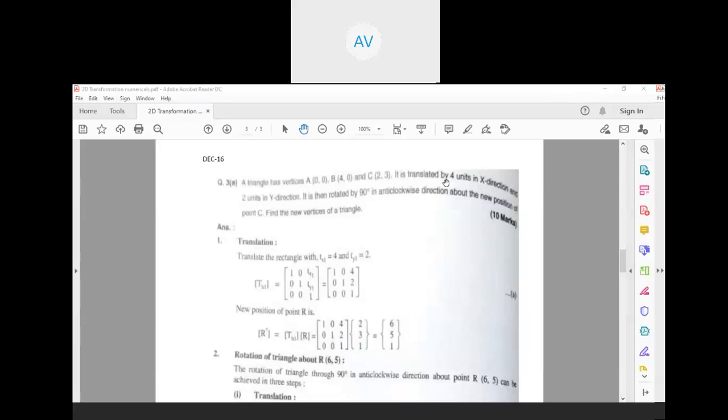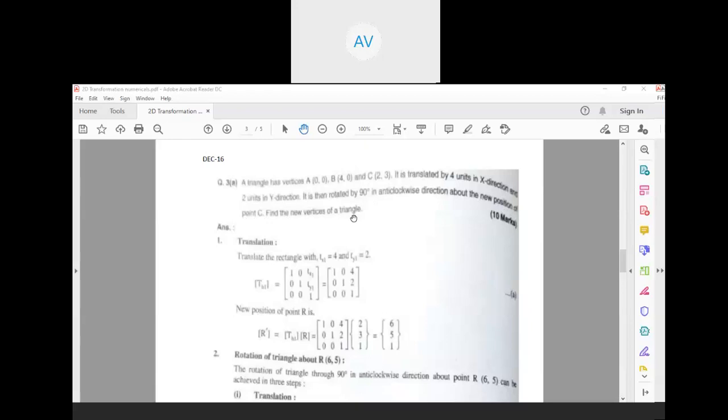It is to be translated by 4 units in the x direction and 2 units in the y direction. Then it is rotated by 90 degrees in the anti-clockwise direction about the new position of point C. Find the new vertices of the triangle.